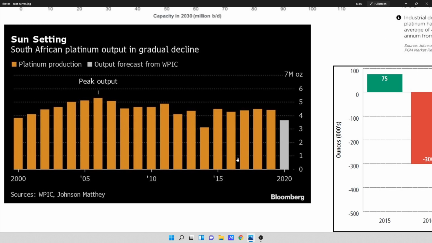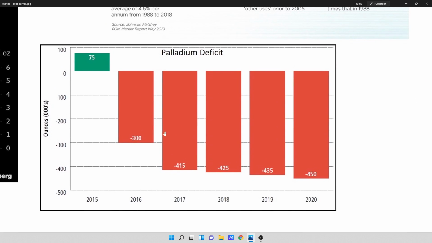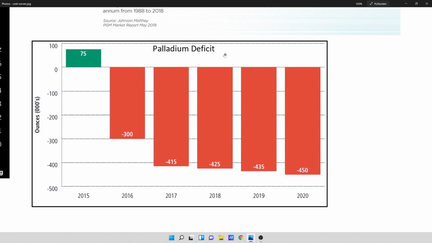You buy platinum, you sit in it, and it's the cheapest metal of all the precious metals. Now I put this over here. This is also what I look at as market deficits. I have palladium here. We have a massive palladium deficit, minus 300,000 ounces, 415, and so on. We've been in this big deficit of palladium.